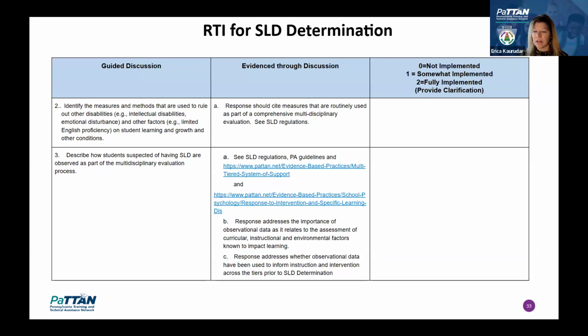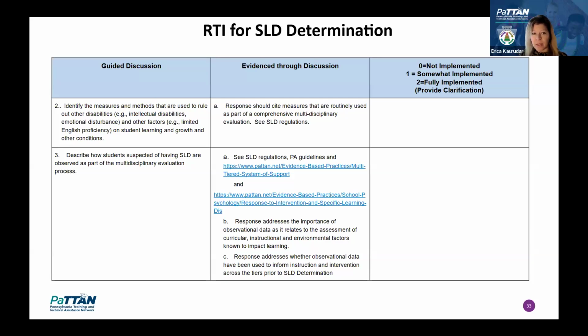For example, are hearing and vision screening results reviewed to ensure lack of response is not due to a visual or hearing impairment? Have we reviewed the family's home language survey to rule out lack of English proficiency? The SLD guidelines will provide a complete picture of all rule outs. Additionally, this is an area where your school psychologist can be abundantly helpful.